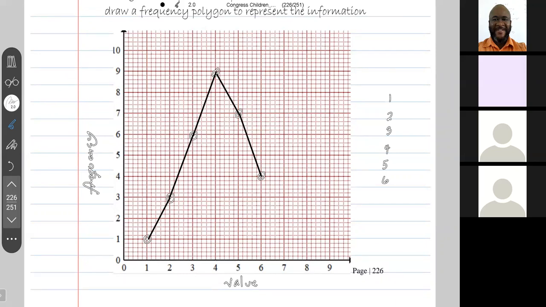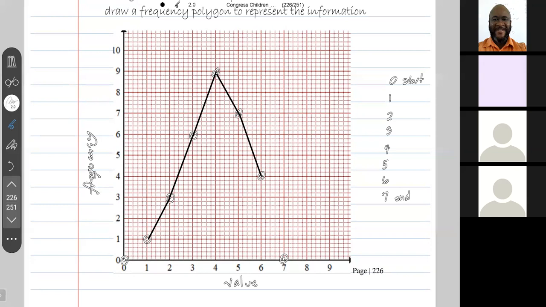The first value was 1, so it is going to start at 0. It is going to end 1 after the last value. The last value was 6, so it is going to end at 7 on the horizontal axis. So it starts here at 0 and ends here at 7.